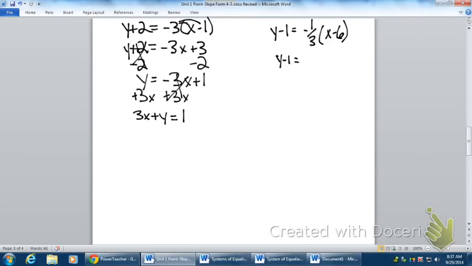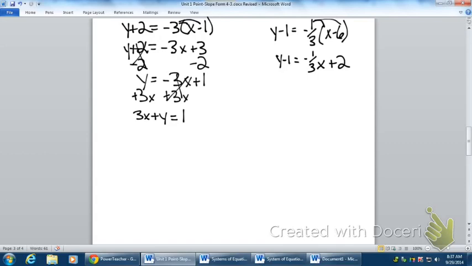Make sure you distribute the whole fraction. Okay? The whole fraction. Negative 1/3 times a negative 6 gives me what? 1/3 x, negative 1/3 x. Should give you a positive 2. Is that correct? Yes, that's correct.